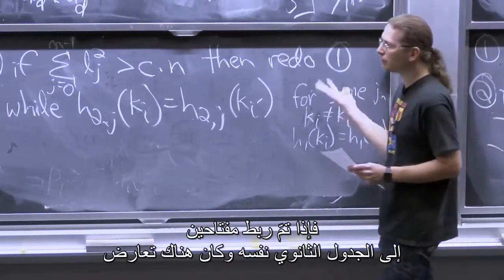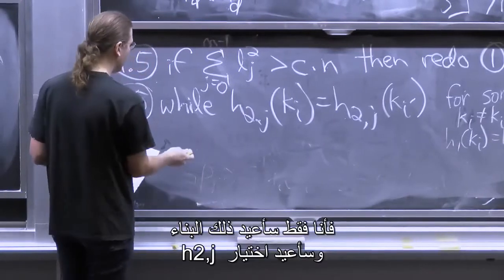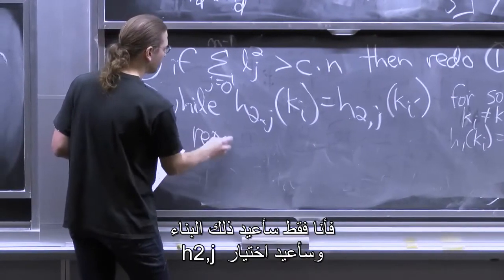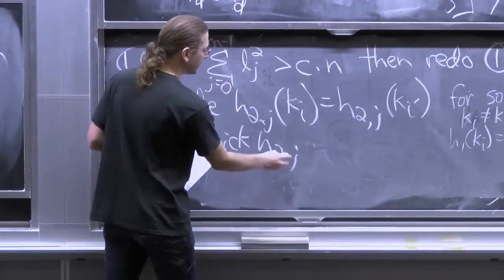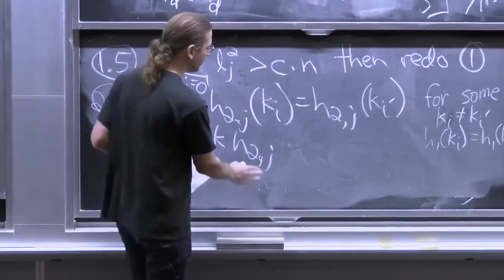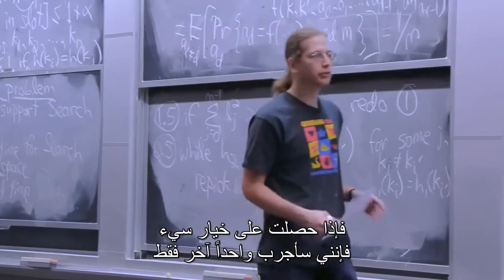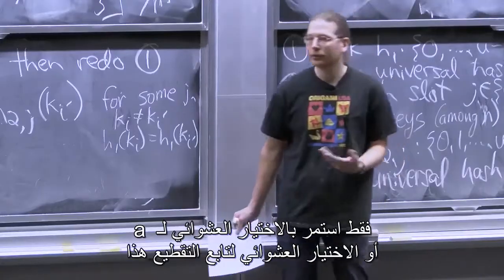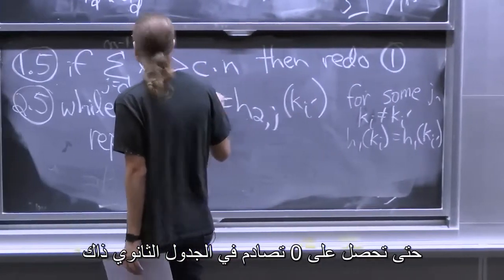If 2 keys map to the same secondary table and there's a conflict, then I'm just going to redo that construction. So I'm going to repick h2j. h2j was a random choice, so if I get a bad choice, I'll just try another one. Just keep randomly choosing this hash function until there are 0 collisions in that secondary table.